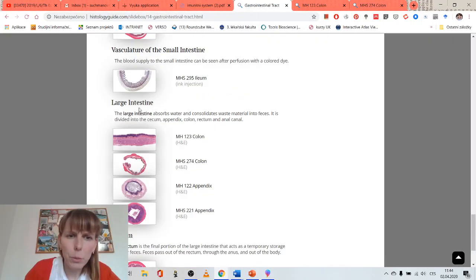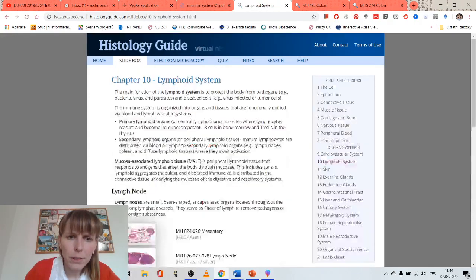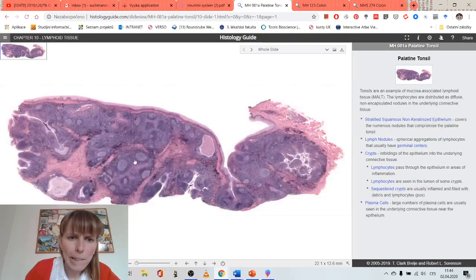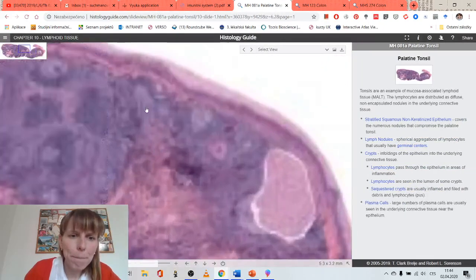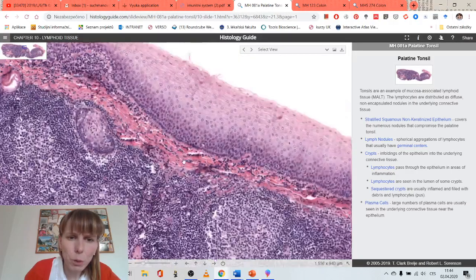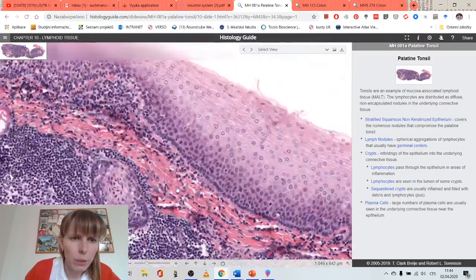Let me go back. So, lymphoid system. Based on what you see, you can usually tell what kind of connective tissue it is.